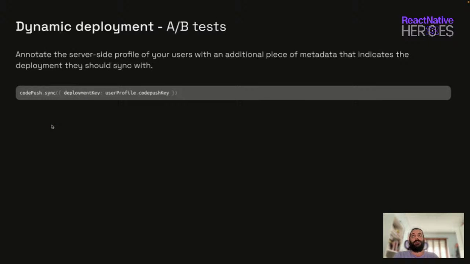Otherwise, you can annotate in the server-side profile of the users an additional piece of metadata that indicates the deployment they should sync with. By default, your app could use the binary embedded key, but after the users have authenticated, your server can choose to redirect them to a different deployment.